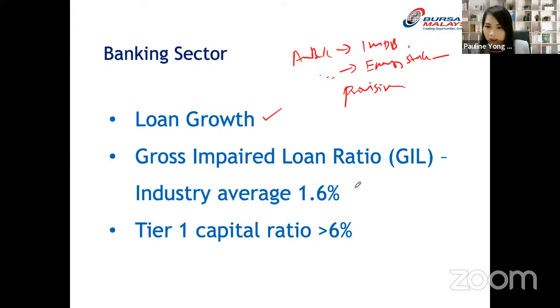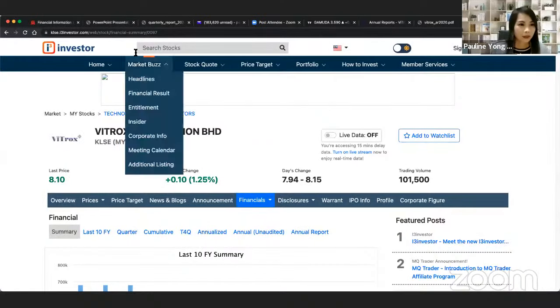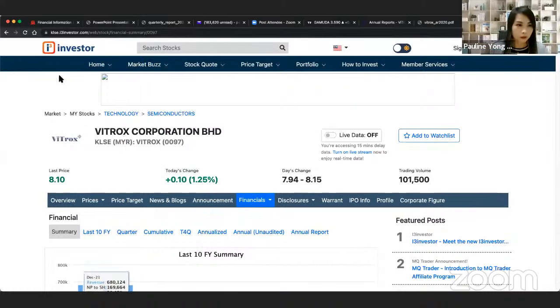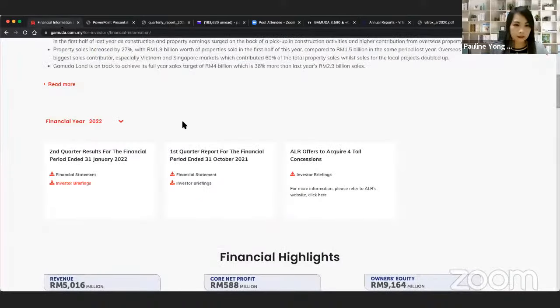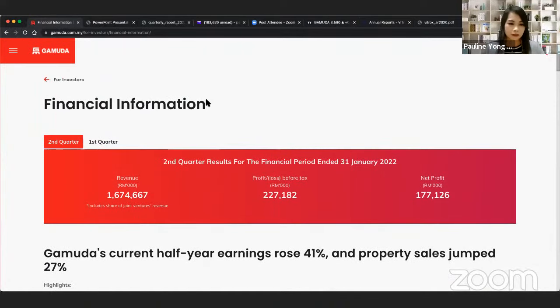Yeah. So telco, all this, now I want to share with you a true case. The first one I want to talk about is Gamuda.